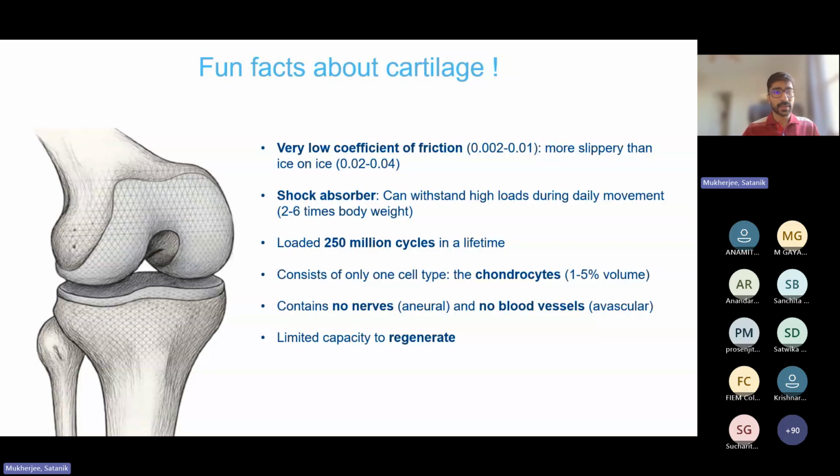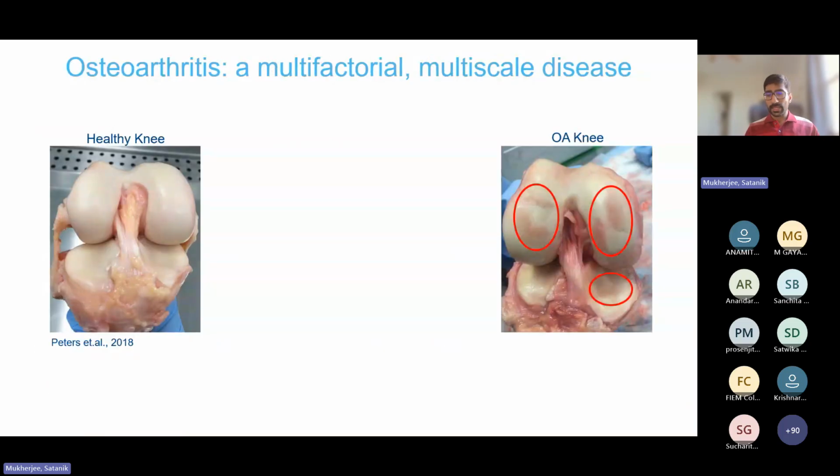With these very interesting basic facts about our cartilage, I would like to highlight how the disease osteoarthritis is a multifactorial disease. Even though the endpoint is seen as the wear and tear of cartilage and pain, the way it progresses is not dependent on one particular factor, but on a combination of many factors.